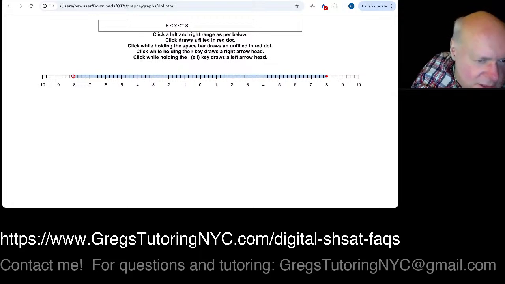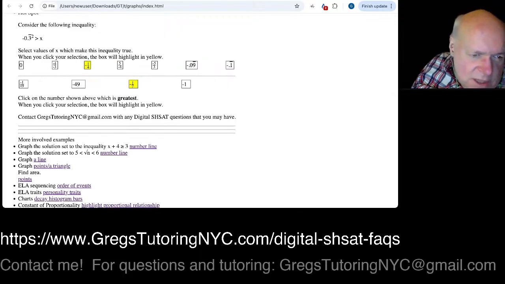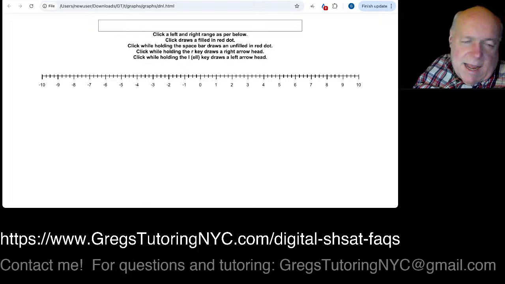I have another one here with the same thing, graph. That was the question we had before, one of the ones that I had as a grid-in. But they also want you to do this on the number line with certain things. It's going to be the same number line I just drew. You figure out your answers where you had 5 is less than the square root of n is less than 6.